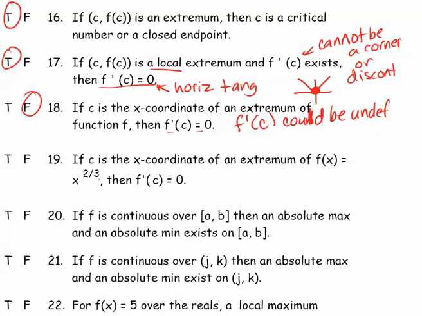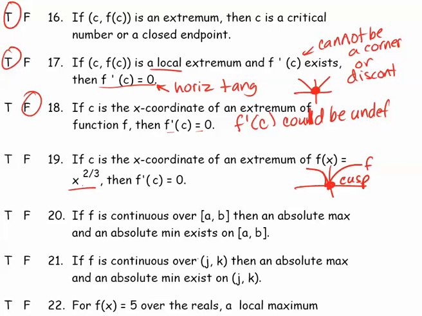In 19, if c is the x-coordinate of some kind of extremum and f of x is equal to 2/3, we just did that seagull graph on the previous page, then f prime of c has to be 0. And that was exactly not true. At f of x, which looks like our seagull, we're actually going to have a cusp.